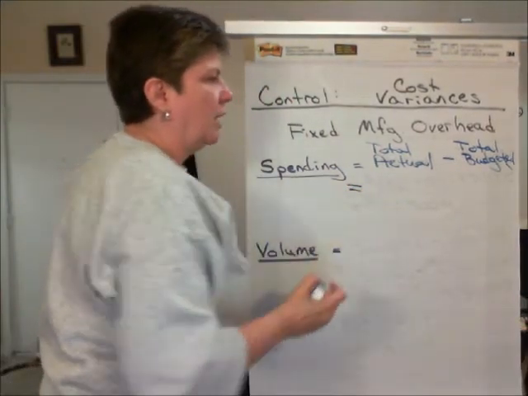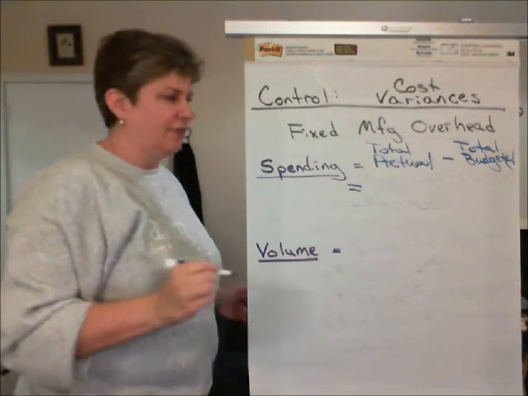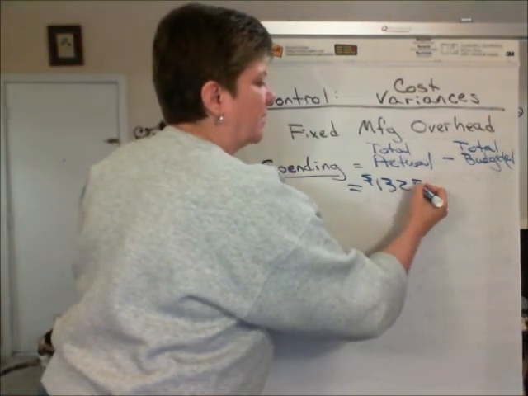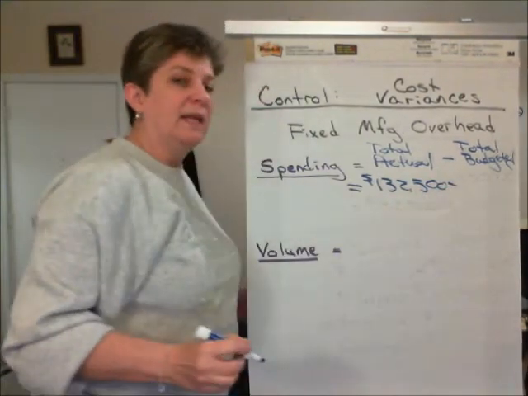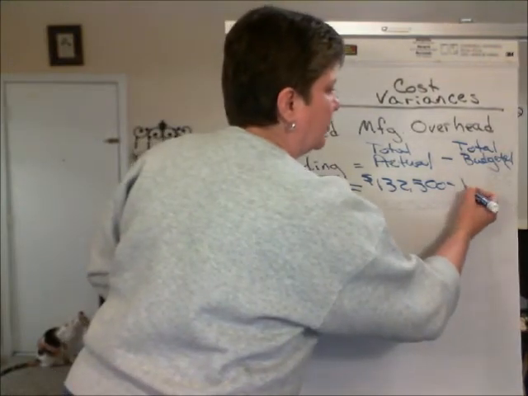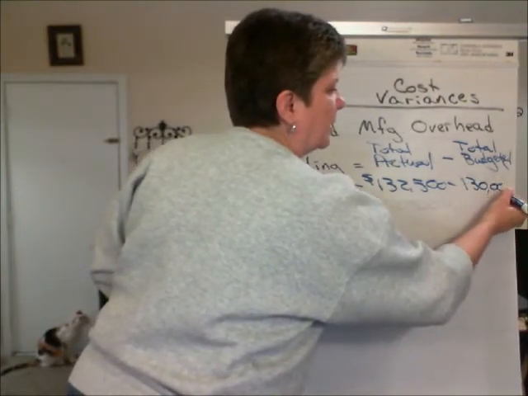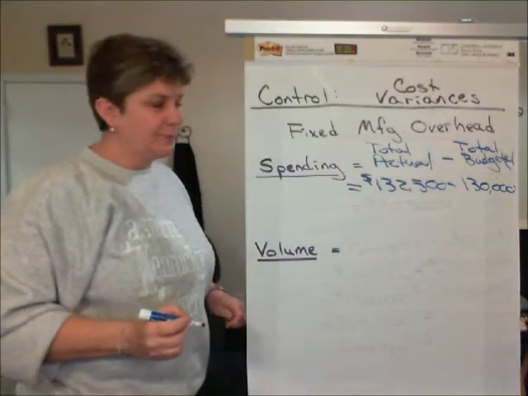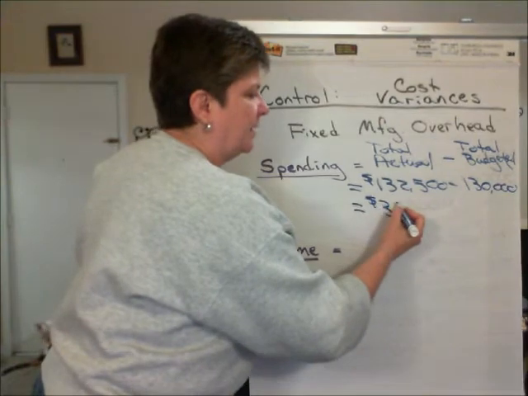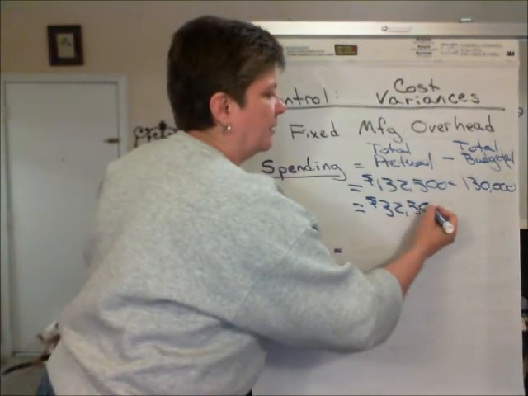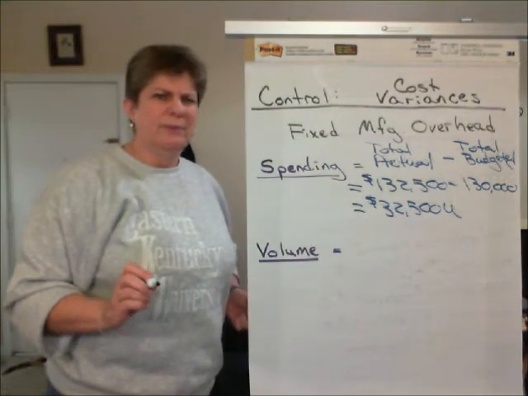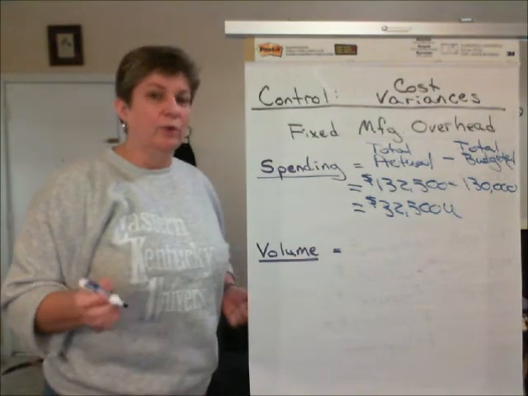So if you recall, our total actual fixed overhead was $132,500, and our total budgeted fixed overhead was $130,000. So our fixed overhead spending variance is $32,500. Now, you may be saying, wait a minute, that sounds familiar, and you're right.